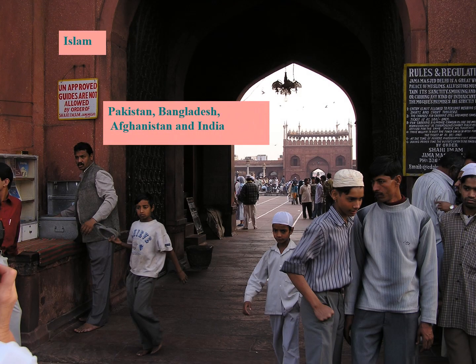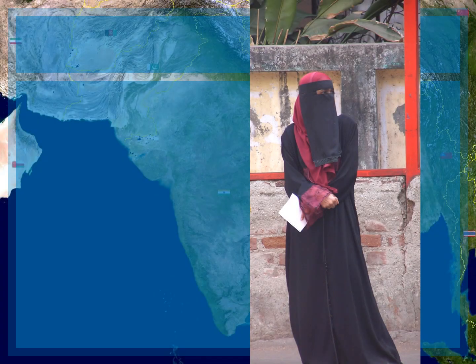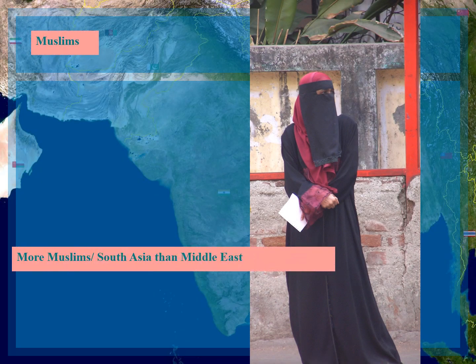So finally, the other dominant religion in this region is Islam. This is predominantly found in obviously Pakistan and Bangladesh, also found throughout India and Afghanistan. So there are more Muslims in South Asia than there are in the Middle East by number.